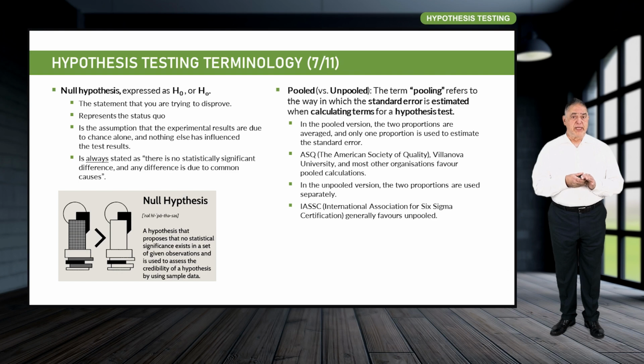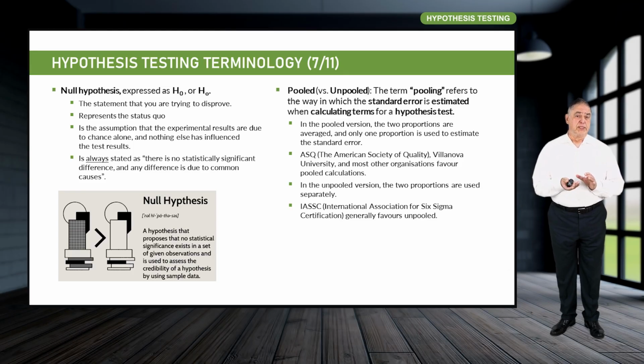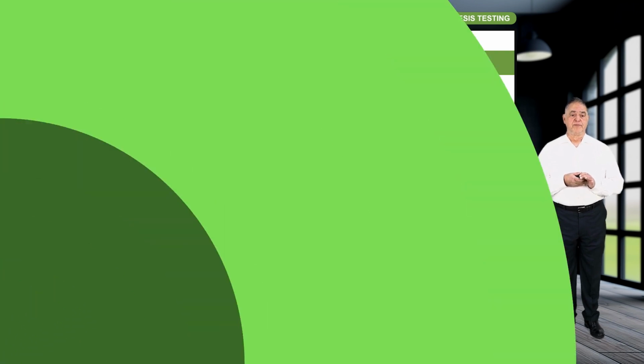It represents the status quo, so the null hypothesis always states that there is no statistically significant difference between before and after, and any difference is purely due to chance, due to common cause variation. It is the assumption that the experimental results are due to chance alone, and nothing else, such as special cause variation, has influenced the test results.